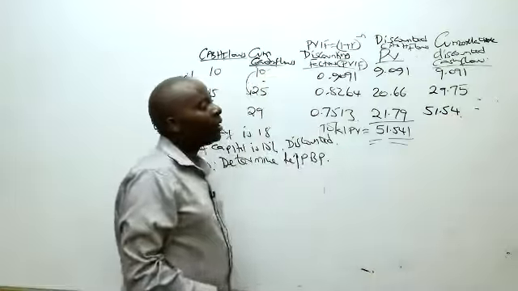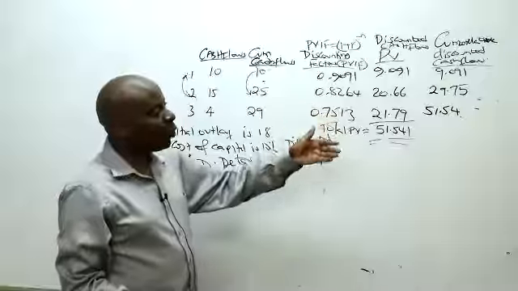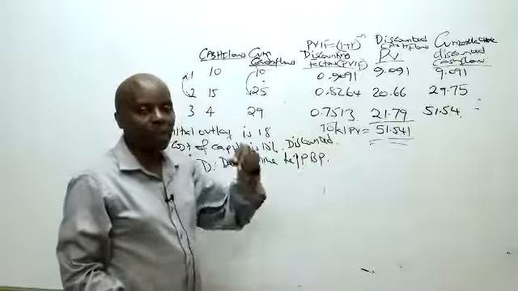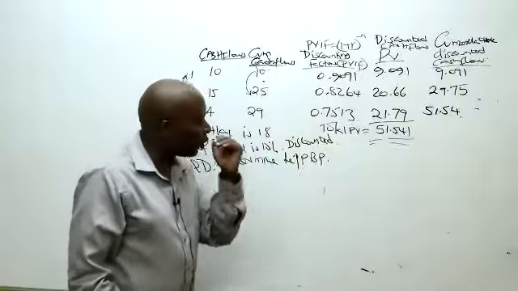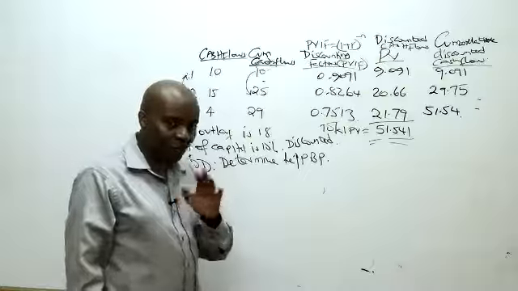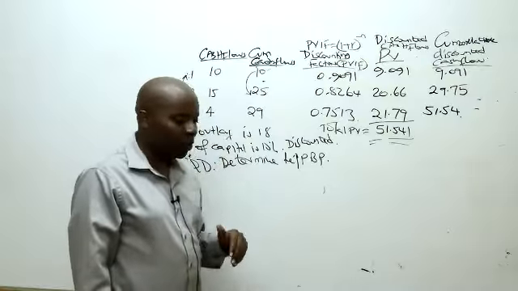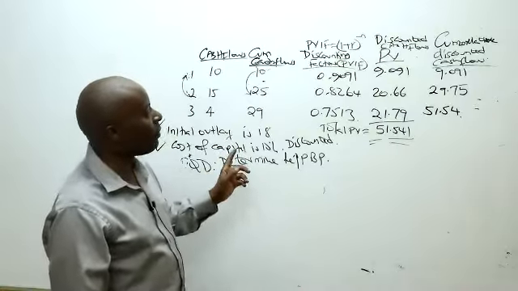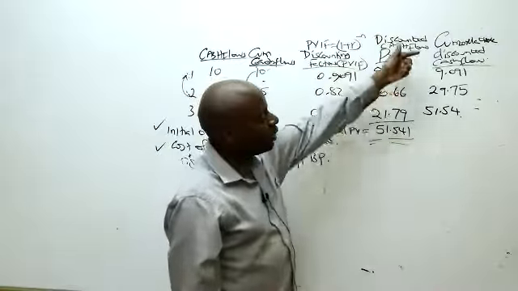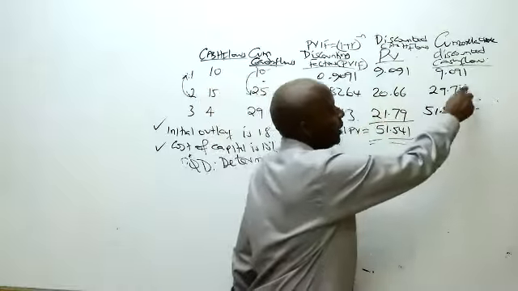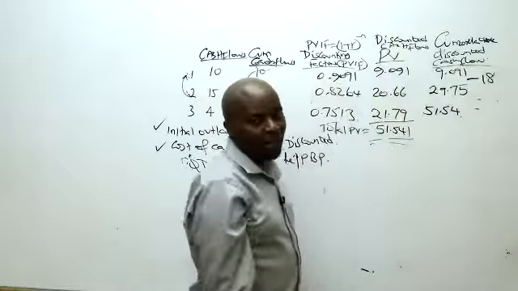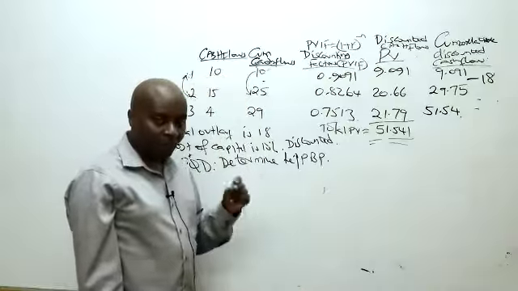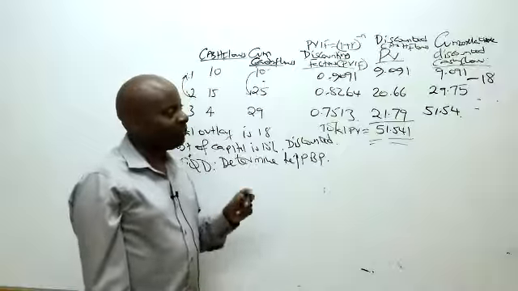Now, ladies and gentlemen, remember, what I'm interested in is to know how long it will take me to recover the initial outlay. Don't forget, the initial outlay amount is never discounted, because this is an amount which is being incurred today. So how long will it take me to get this 18? Come and fit this 18 in this cumulative cash flows. Then please go ahead and give us the payback period now.